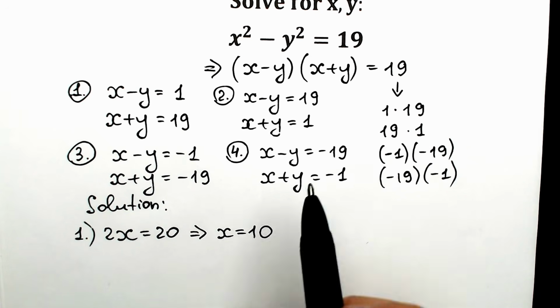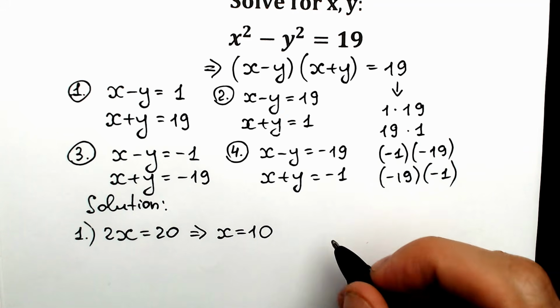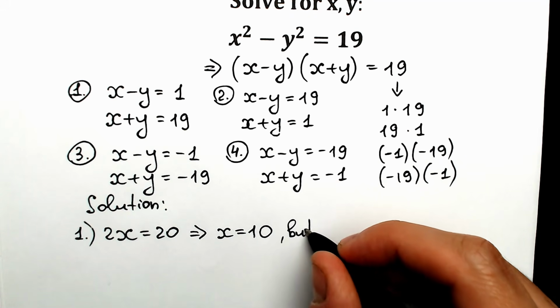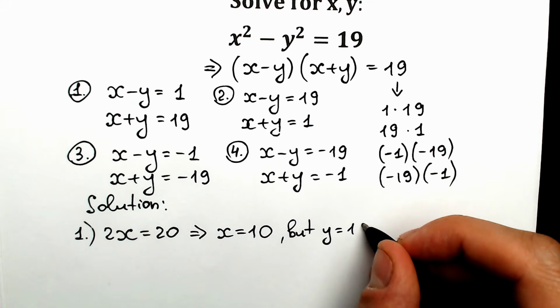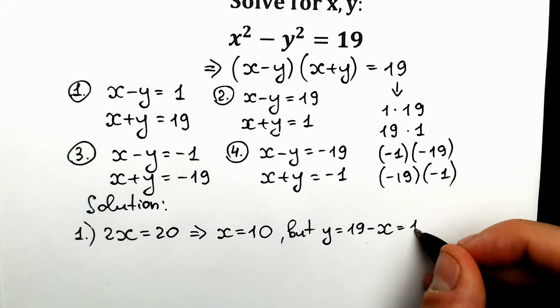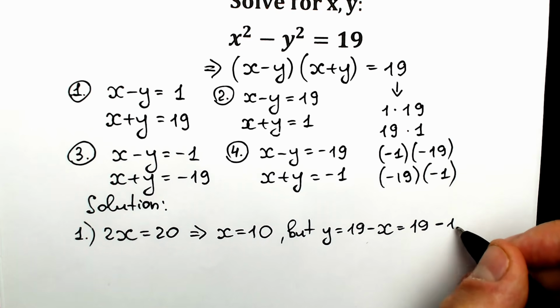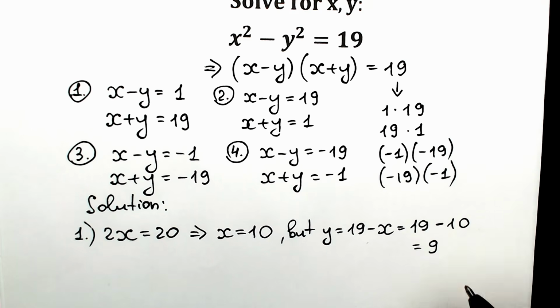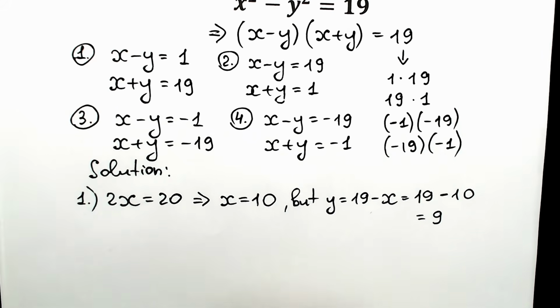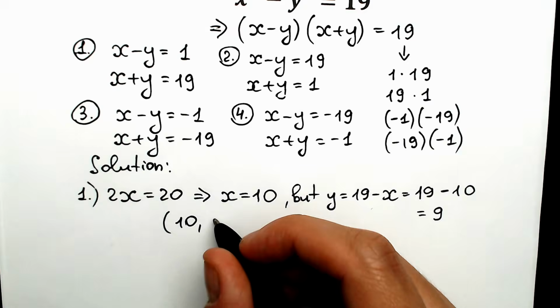And right now let's plug in this 10 into y equal to 19 minus x. So y equal to 19 minus 10 equal to 9. So we have our first pair, x equal to 10 and y equal to 9.